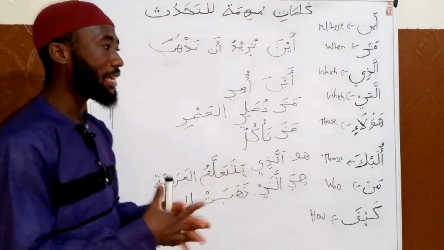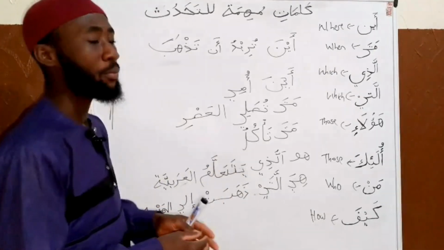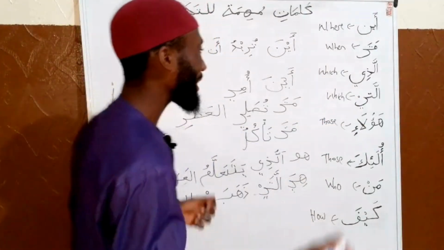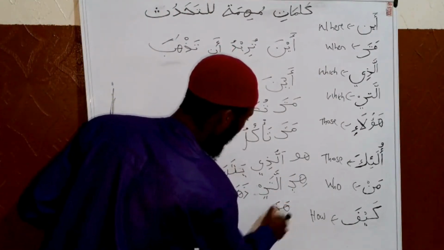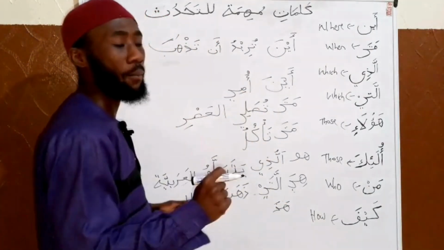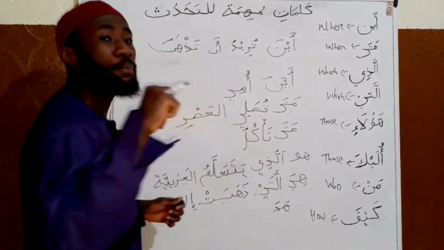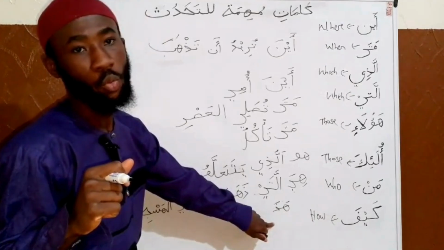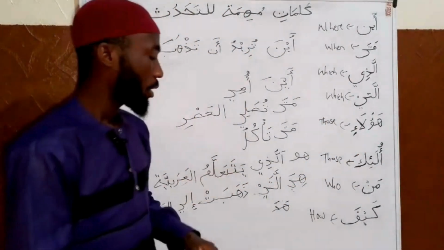Now let's use haulai, those. This, those, that is the plural of hada. We have hada, this is the singular, a demonstrative noun. Haulai is also a demonstrative noun. Now the plural of this hada is haulai.